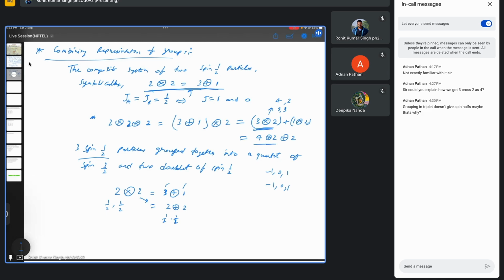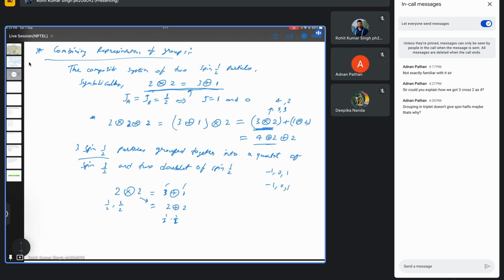So this is not what you call grouping, right? Grouping means getting something new when you group them. So similarly here also you can think of it like this. 3 cross 2, instead of getting two triplets, grouping them should give something else.